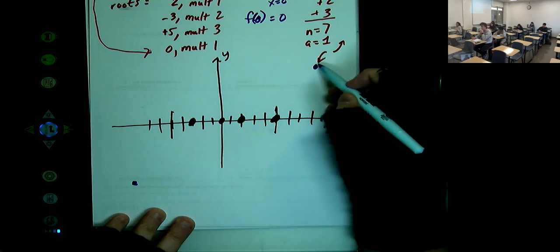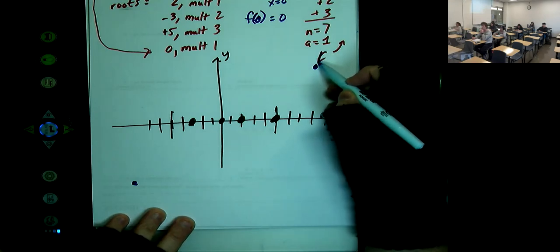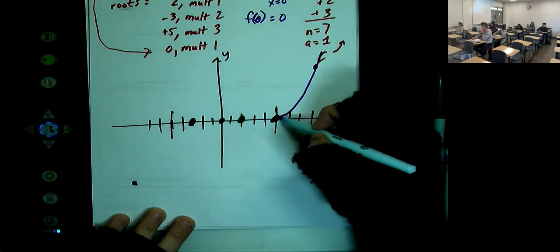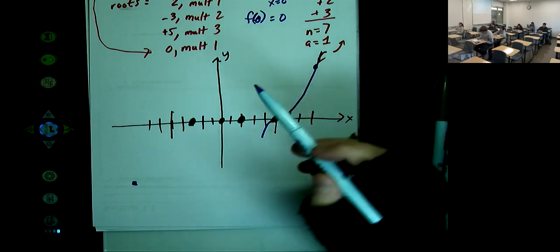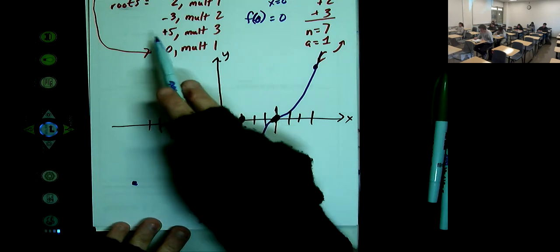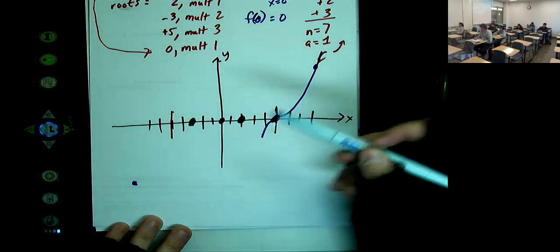Five has a multiplicity of 3, which means it wiggles across. So I know it's going to infinity that way, it's gonna kind of wiggle across. When x equals -3, it's got a multiplicity of 2.